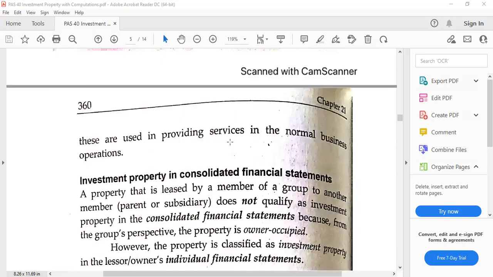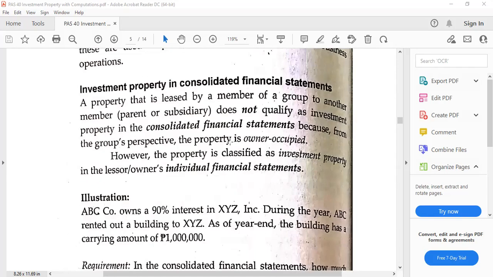All right. Then, for the sake of consolidating the financial statements of the member companies in a group, such as, for example, a parent that has an investment of at least 50% of the shares of another company that is a subsidiary, then the investment property will become owner-occupied or PPE upon consolidating the financial statements.